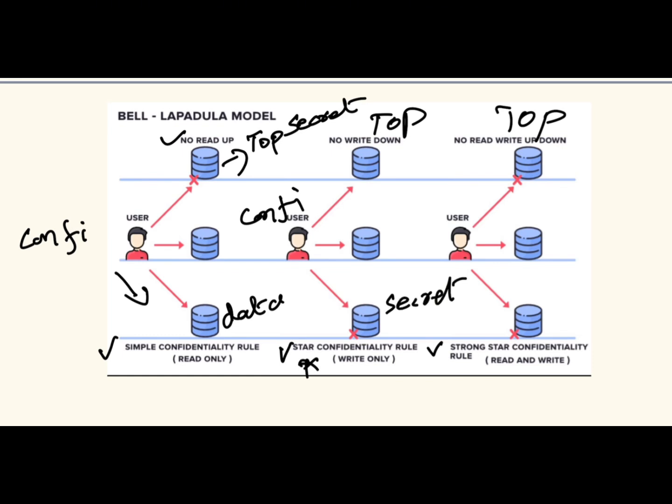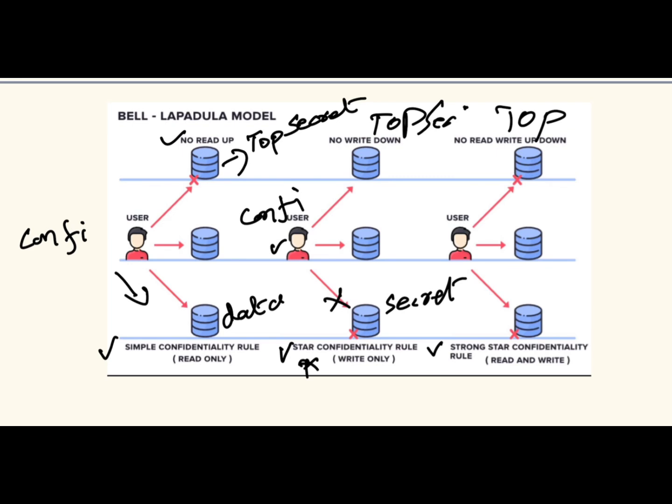Modification means the user cannot write anything in the lower level. But the user is allowed to write in top secret.